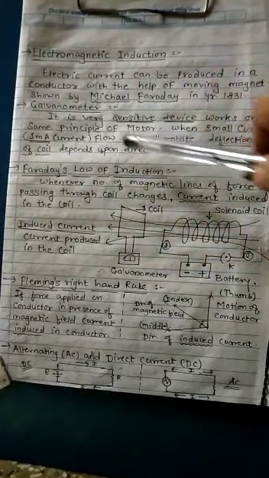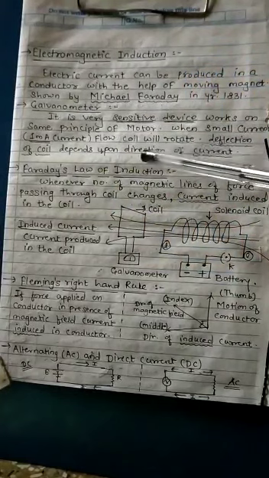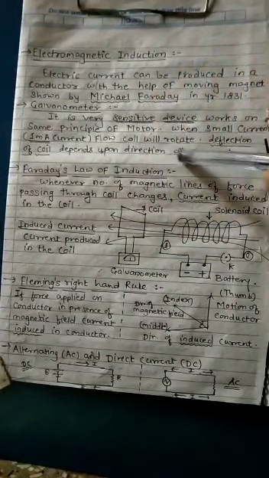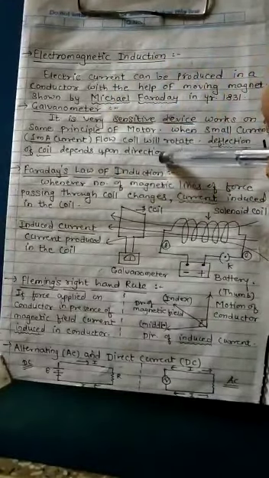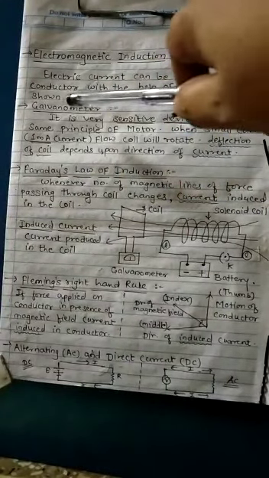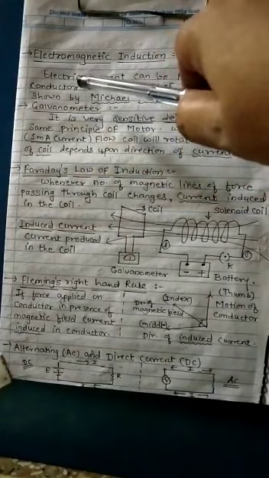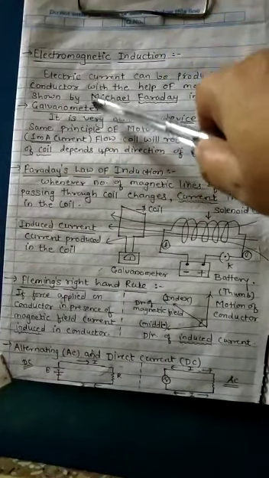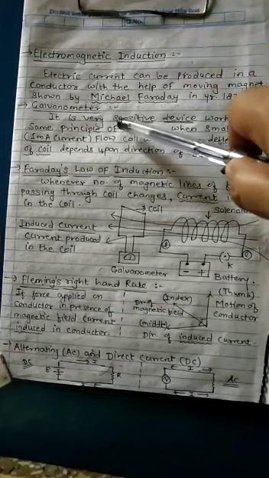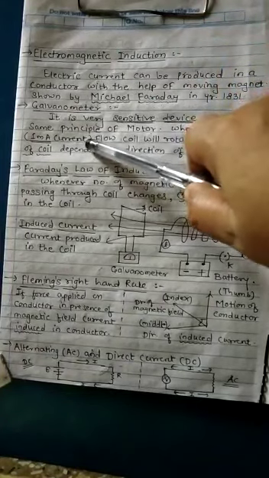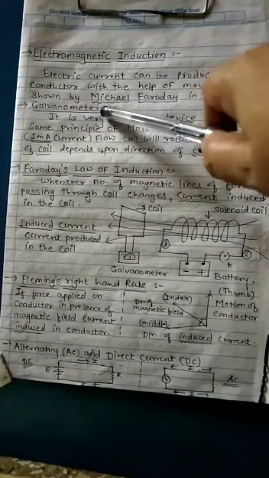In a galvanometer there is a pointer, and this pointer deflects under the effect of current. So deflection of the coil depends upon the direction of the current. This device, the galvanometer, works like an ammeter, but it is used to detect a very small amount of current in a device. So this is a galvanometer.